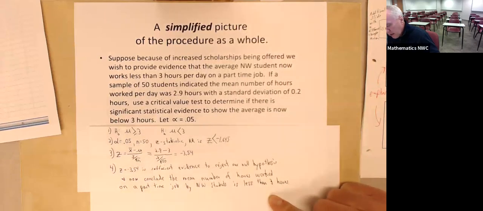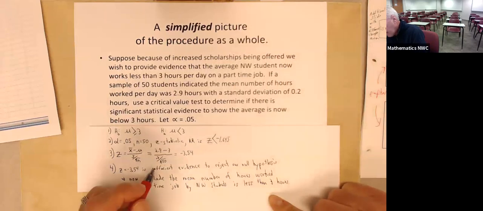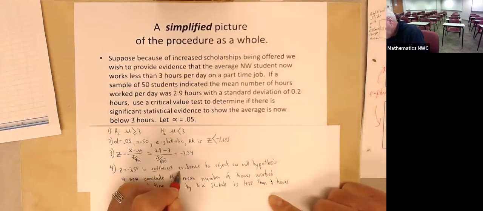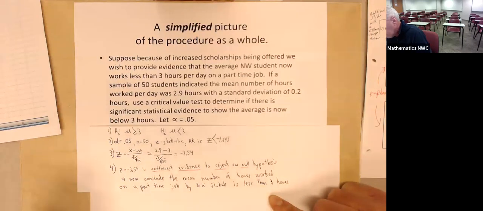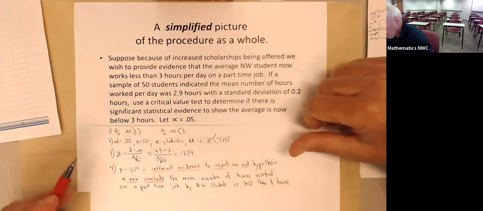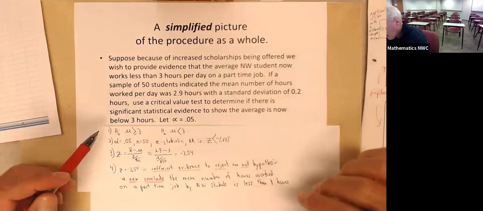Some statements that are really important in there. I had sufficient evidence to reject the null. That evidence was this number went over our line in the sand, and I now am able to conclude, that's a fairly strong statement, I can now conclude the alternative. A couple of things I want to highlight.